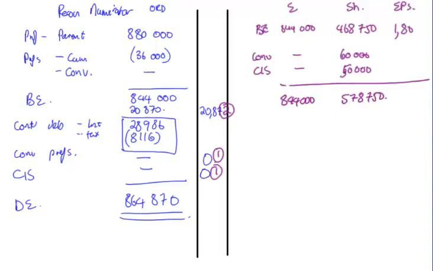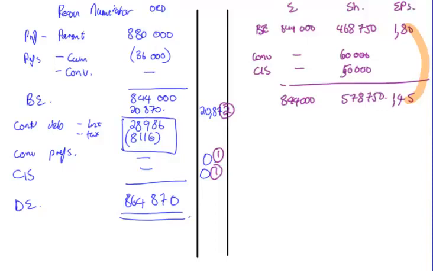What does that give me? 844,000 divided by 578,750 is 1.45 per share. So what you can see is that has got smaller, which is called dilutive. It's a dilutive adjustment, all right? Which means that those two together, they're both dilutionary.